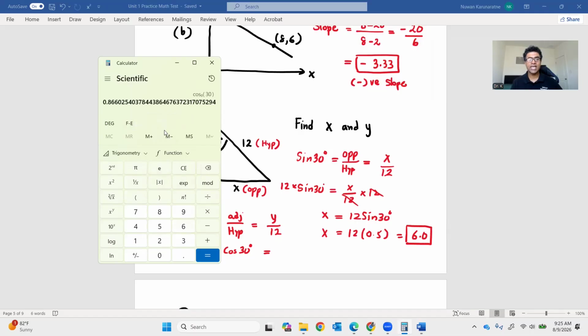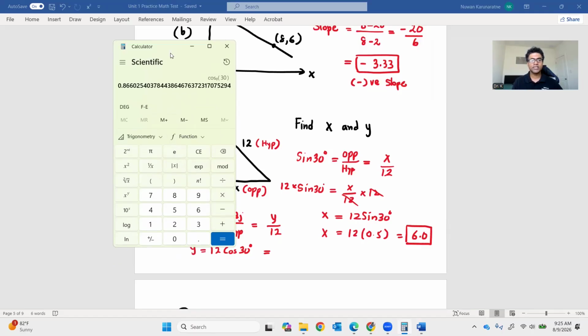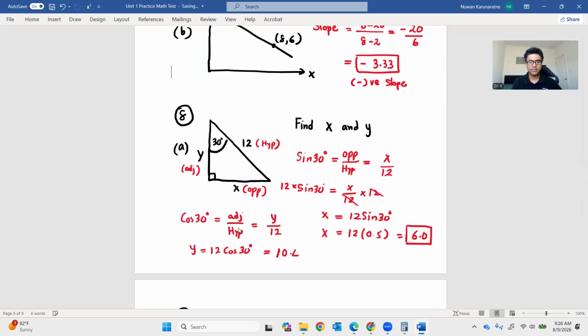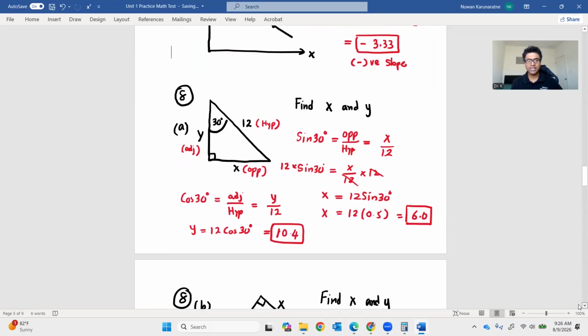Then I need to multiply that value by 12 because that's our hypotenuse, right? 12 cosine 30. So I multiply this by 12, and get 10.39. I'll write 10.4 as the answer. That's the answer for question number 8, part A.